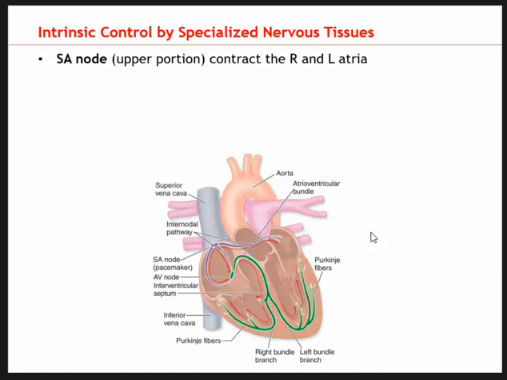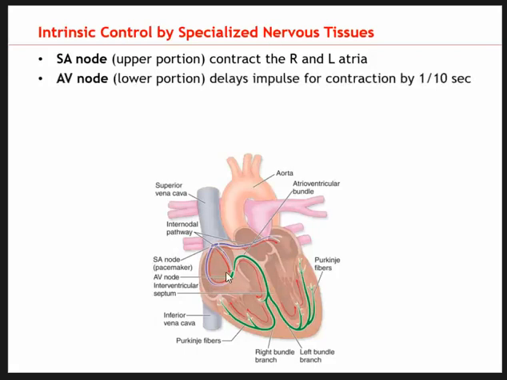Starting with the SA node, we even have another picture that shows the structures of the heart, so you can really see it. The SA node will contract the right and left atria, so we can follow where that signal goes. Then it arrives at our green little AV node. The lower portion delays that impulse just to make sure that the atria contract appropriately.